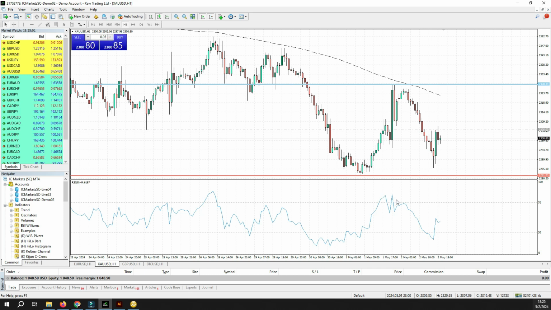After the price breaks this 70% and starts to dive, this means that we will probably have some kind of bearish trend.